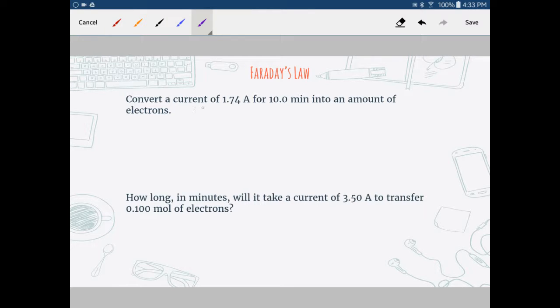So if we convert a current of 1.74 amps for 10 minutes to amount of electrons, again, we're calculating number of electrons equals IT over F, which means that we have 1.74 times 10 minutes, and again, 10 minutes is 10 times 60, which is 600 seconds.